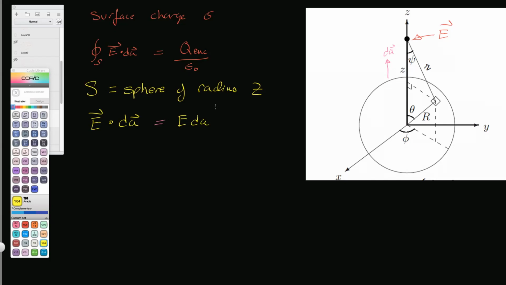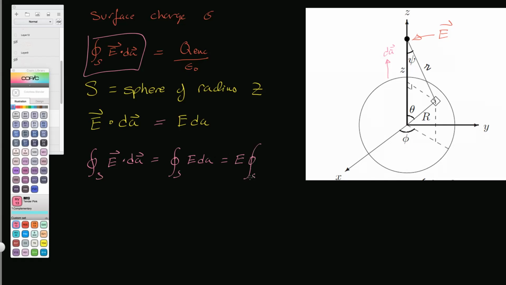Because it would be E times dA times the cosine of the angle between them, the cosine of zero, which is one. Okay, so E dA, perfect. Fine, so if I look at my integral up here, the integral over S of E dot dA becomes the integral over S of E dA, but we just said E is constant, so it can come out of the integral.